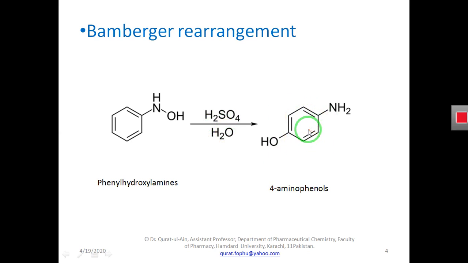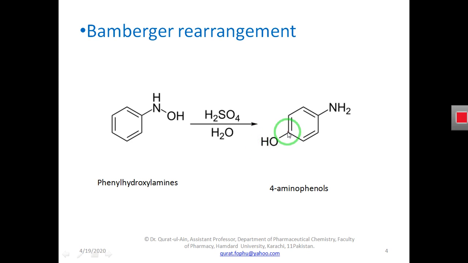I have already discussed with you how we name phenols. So why we are saying it is 4-aminophenol, I will describe again here. As we are seeing, this is the phenol moiety, and the principal functional group here is the hydroxyl group.